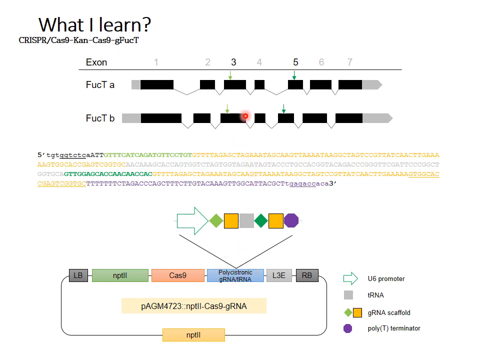This guide RNA will bind the sequence corresponding to exon 3 and 5, and the Cas9 protein will cut this site.